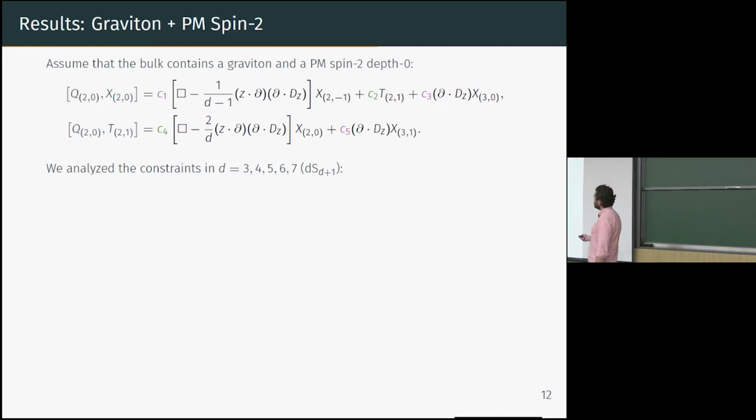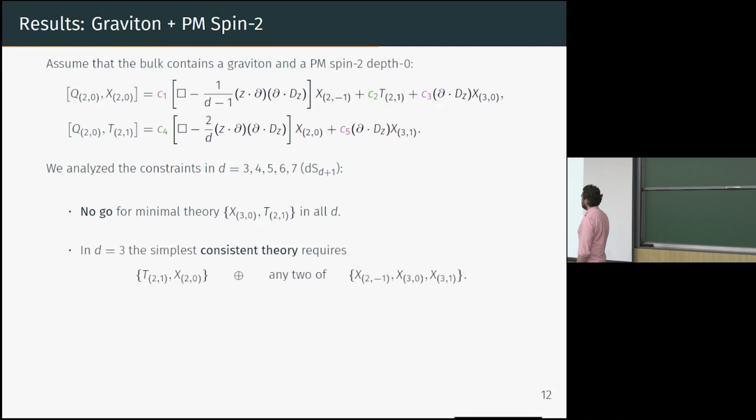And so we analyze the constraints that you get from this in dimensions 3 through 7, and I'll just qualitatively tell you what the results are. So it's pretty straightforward to show that you can never possibly have a consistent solution if you just have the minimal spectrum of just the partially massless field and the graviton. So minimal here is like minimal supergravity, where you just have the graviton and the gravitino. So you need to add other things to be consistent.